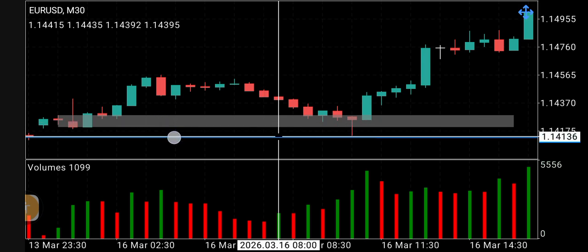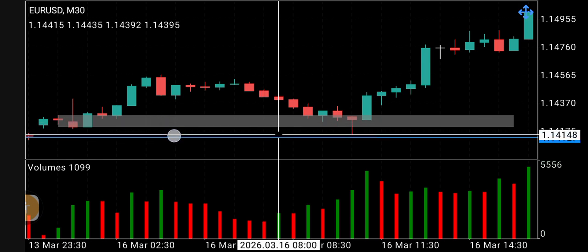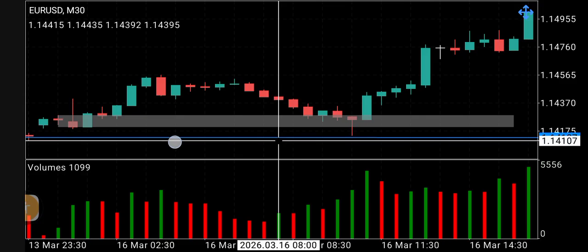Then if you add an additional 2 pips, yes, we are talking about 13 pips. Our potential loss is 13 pips.